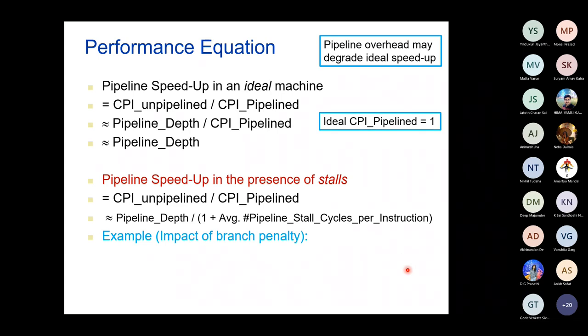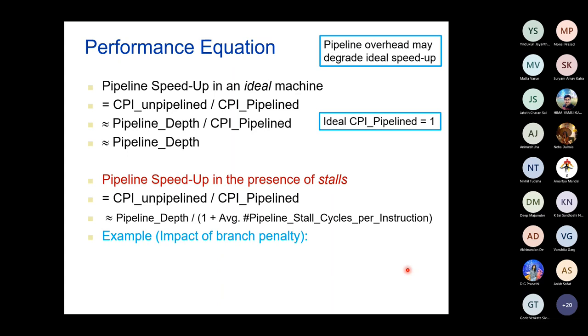Just as an example, suppose we want to evaluate the pipeline speedup in the presence of branches. Assume I have a very big program, the branch frequency is something, and you know the branch penalty, which may be 3, it may be 1, depending on what kind of architecture you have.